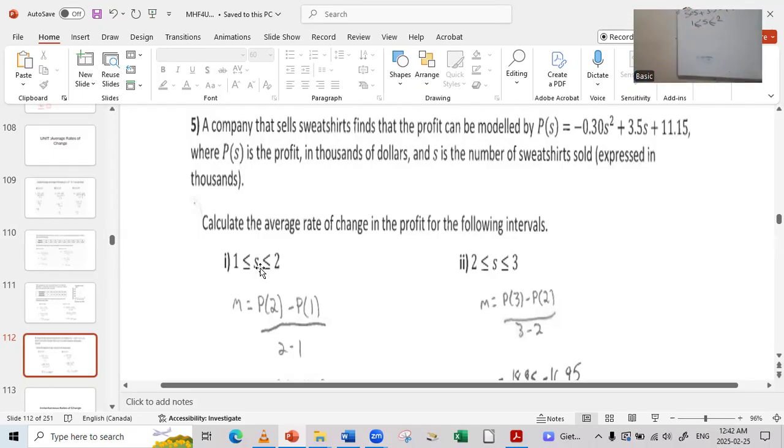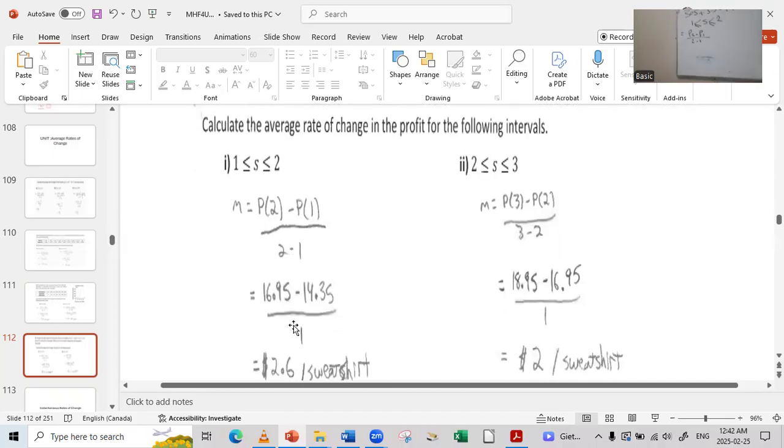So I will get the P2. It will equal P2 minus P1 divided by the range which I have here, 2 minus 1. Okay, my dears. Then I will substitute in the formula here. Once I will substitute with S is 2, and once I will substitute with S is 1.